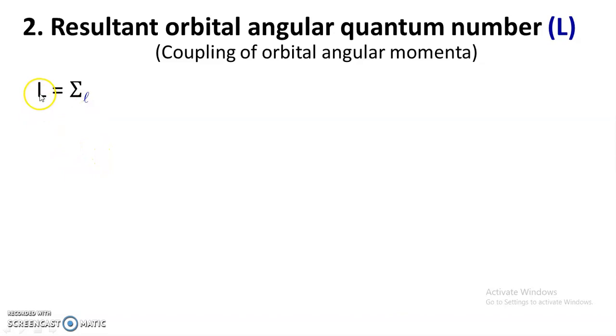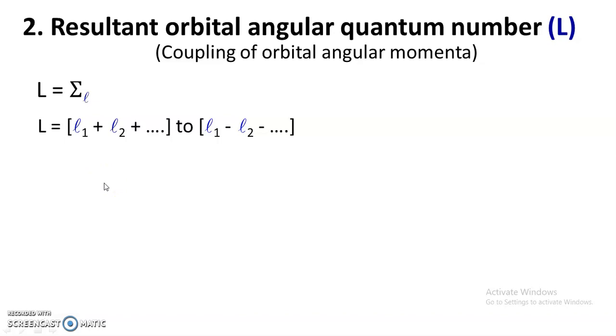So it is given by L is equal to summation of l values, and here each resultant orbital angular quantum number value ranges from L1 plus L2 to L1 minus L2, where L1 and L2 are the individual azimuthal quantum number values for different electrons.